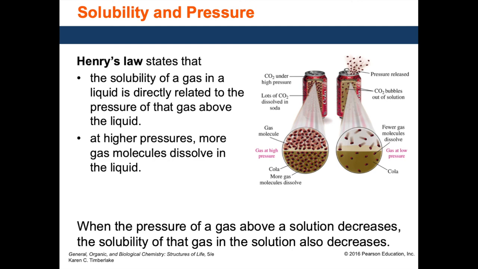Because according to Henry's law, when the pressure drops from 6 atmospheres down to 1 atmosphere, the solubility of the dissolved carbon dioxide decreases. Where does that gas go? It leaves as gas bubbles, and those are the bubbles that you see. So that's the reason why, when you first open a bottle of Coke, you see those bubbles appearing after you hear that hissing noise.